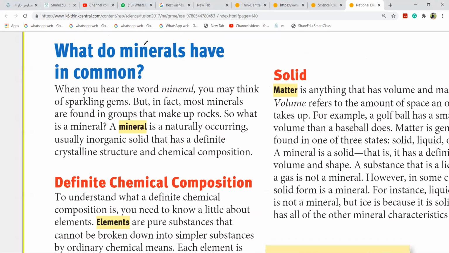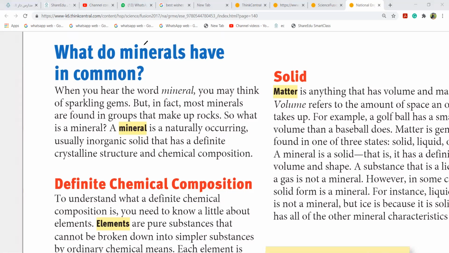So what is a mineral? Of course, a mineral is a naturally occurring, usually inorganic solid. Why do I call them inorganic? Because usually they don't contain organic substances like carbon, hydrogen, or oxygen. They are inorganic solids that have a definite crystalline structure.